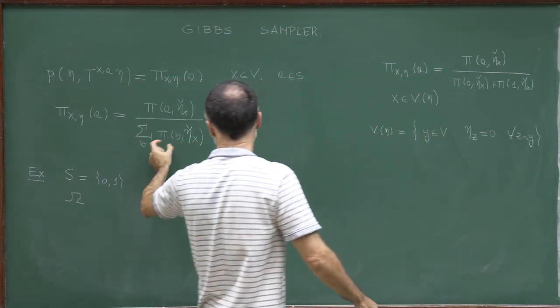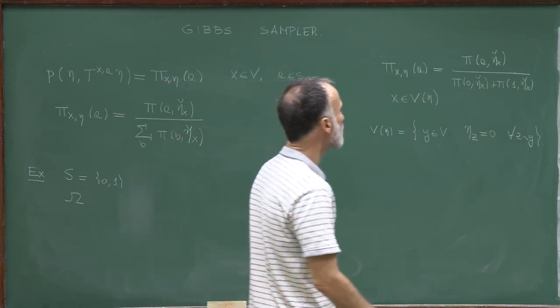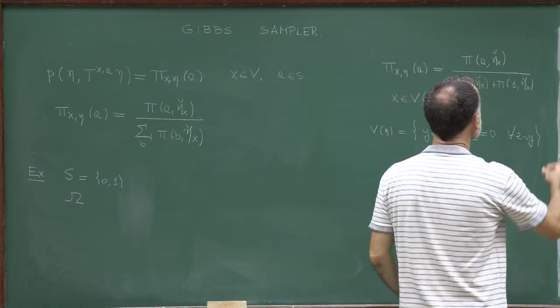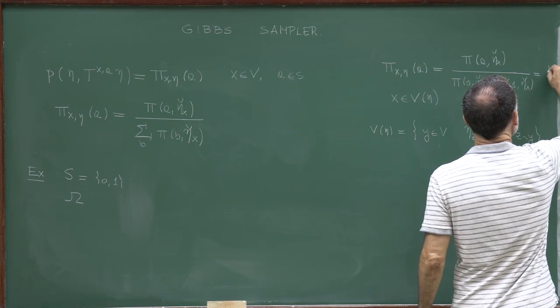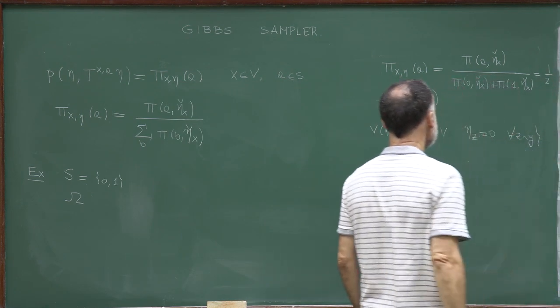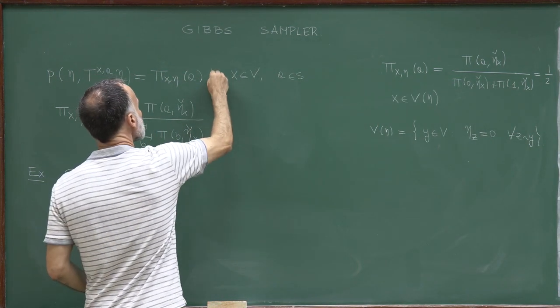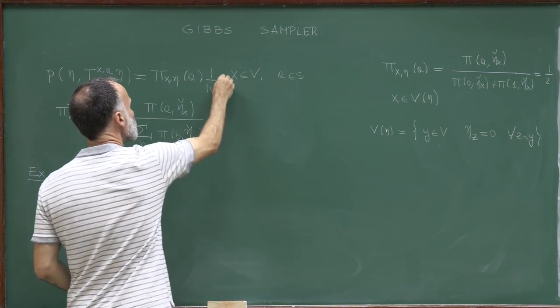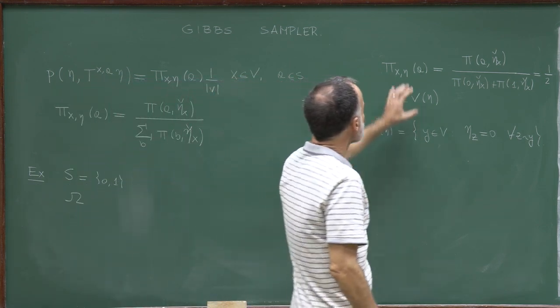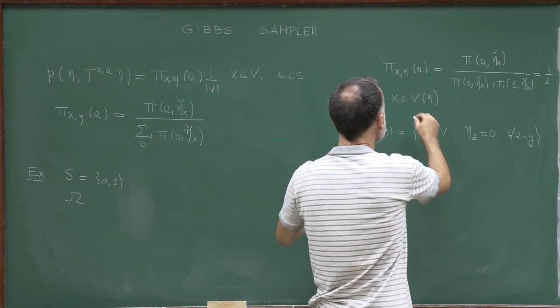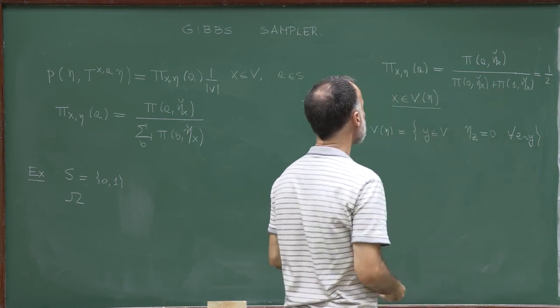So this sum, it's a sum over two terms, and these are the two terms. And since pi is the uniform measure, this is equal to 1 over 2. And of course, I forgot here 1 over v in my formula. And so this quantity, if x belongs to v of eta, it's 1 over 2.